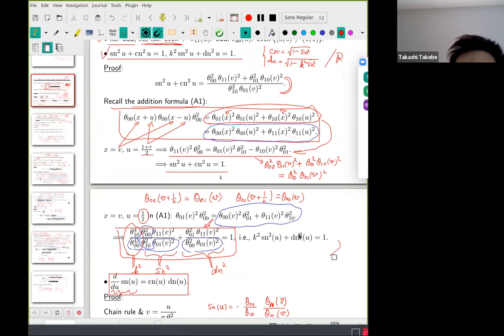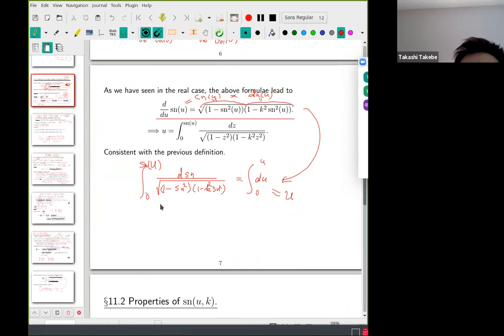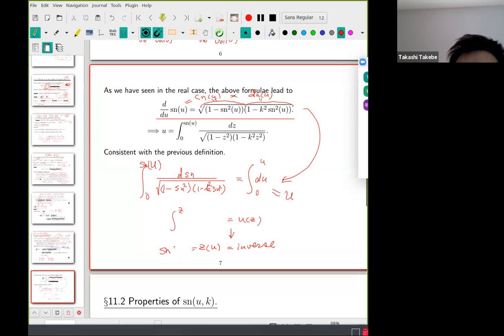And thus we can define Sn as a function of u.